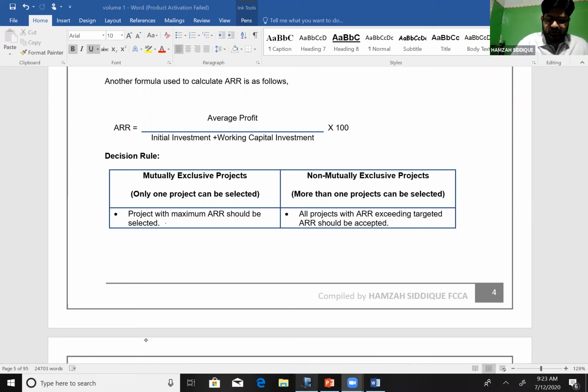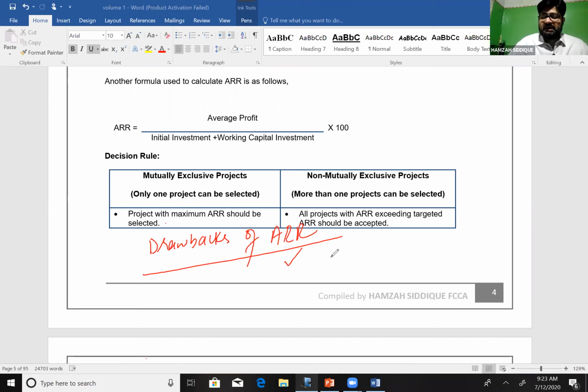What are the drawbacks of using ARR? Number one, it is based on profit, which is subject to manipulation.